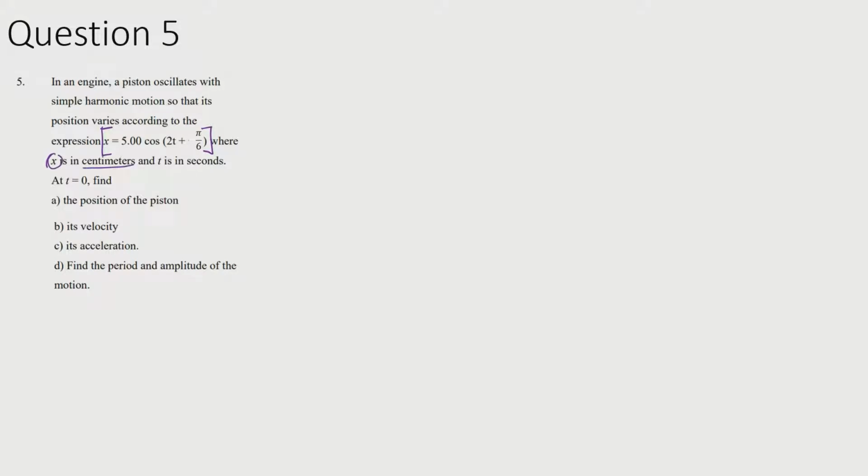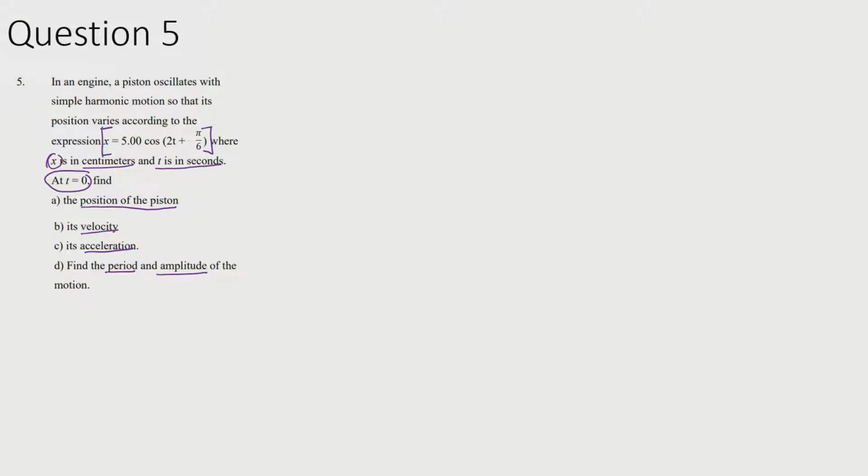We have to take note, very important, whether it is in centimeter or meter, and time is in second. And then the question asks, at time equals to 0, find the position of the piston, its velocity, acceleration. Then finally, we need to find for the period and amplitude of the motion.